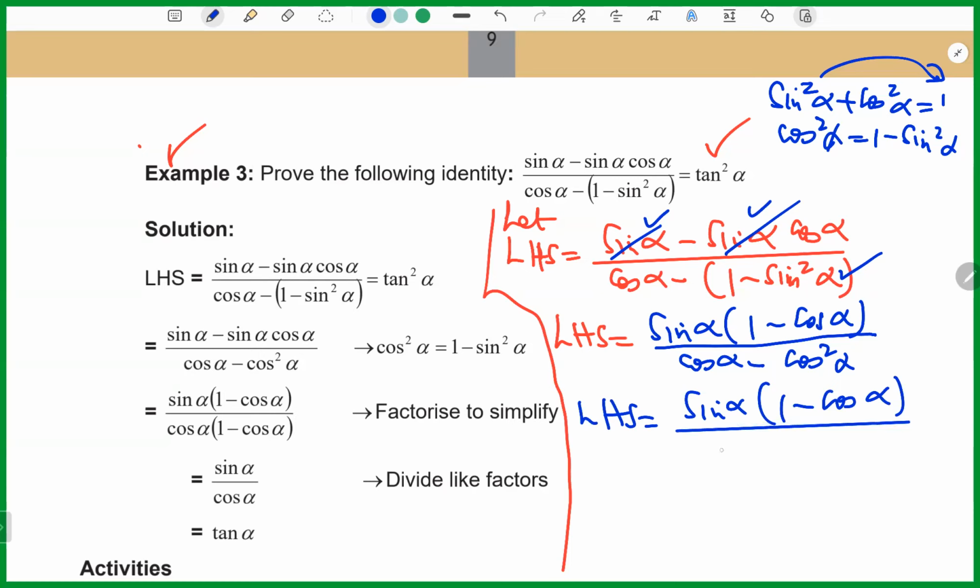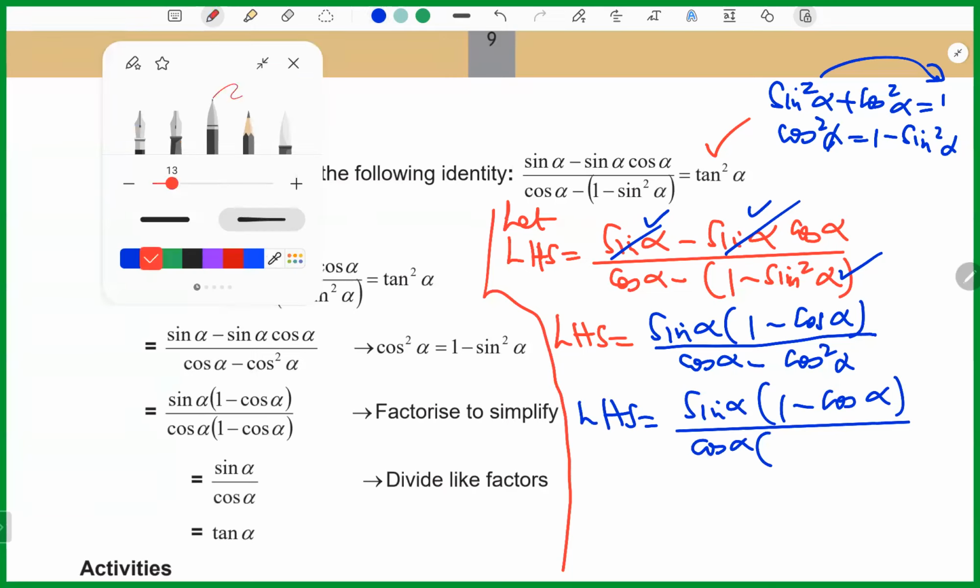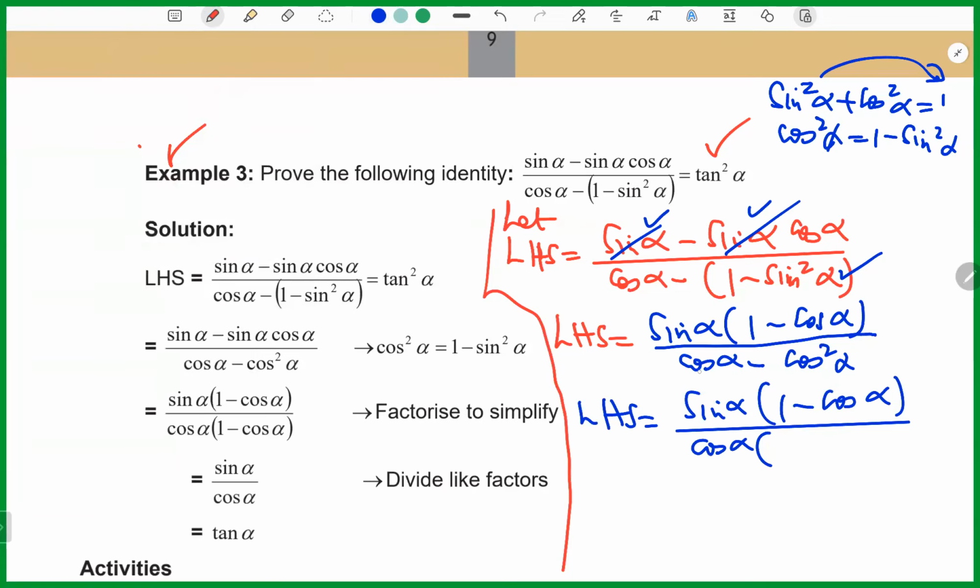all divided by cosine alpha into, so if you have the cosine alpha at this point, you take the common factor, you cross out, you're left with 1 there. Here you cross out, you're left with 1 because there were 2 of them because of the square. So cosine alpha taken out as a common factor, you're left with 1 minus cosine alpha.